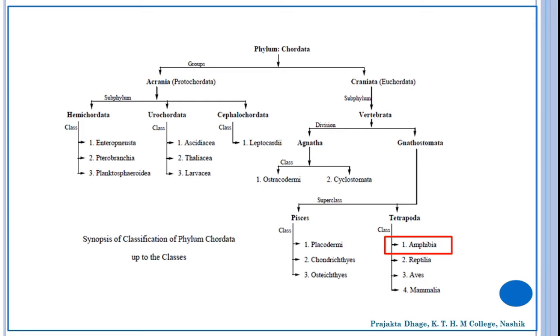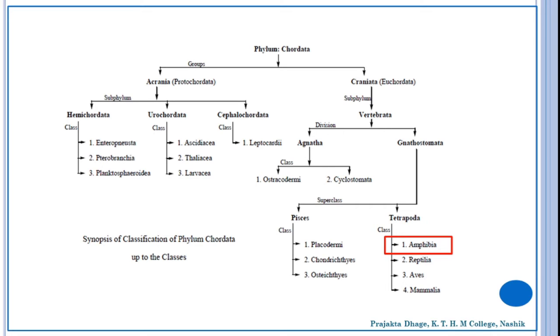Why? Because of the presence of vertebral column. Now they belong to division Gnathostomata, where they are placed under superclass Tetrapoda. In Tetrapoda they are the first class. You can see it in the red color box.